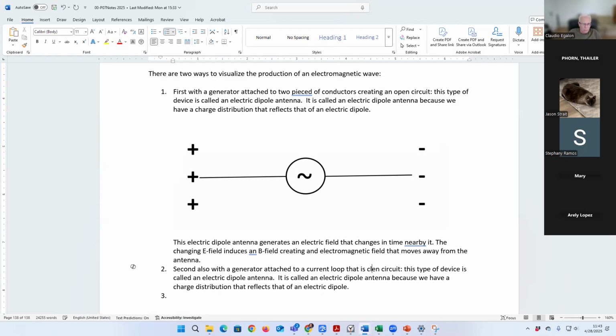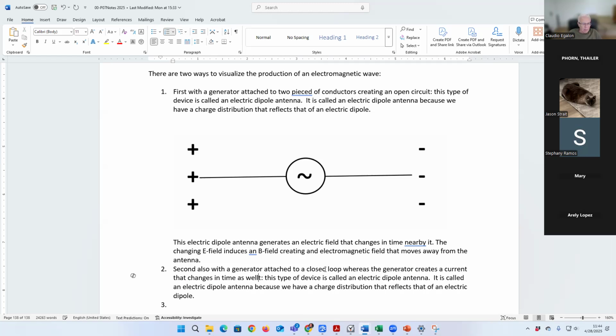Attached to a closed loop, whereas the generator creates a current that changes in time as well.